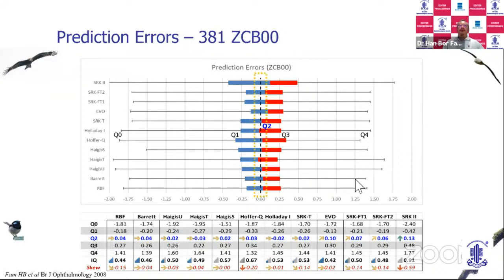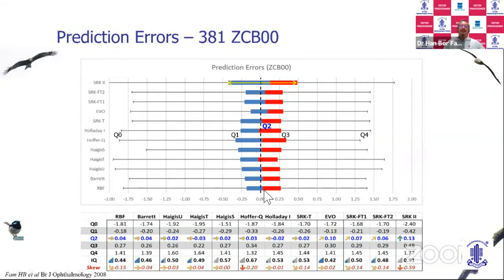Okay, so you can see here most of the formulas, the median prediction error is close to 0 except SRK2. The other thing we are more interested in is the compactness of the two central quartiles. It is something like standard deviation. If it's compact, the standard deviation is very low. If it's widespread like in SRK2, it is not very predictable.